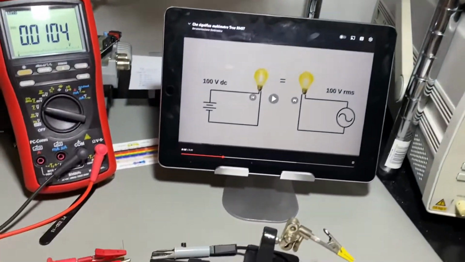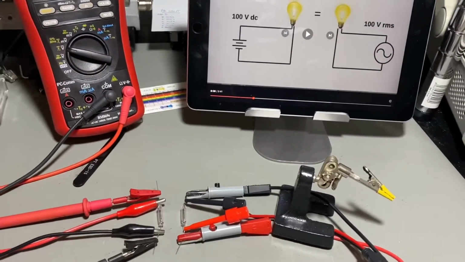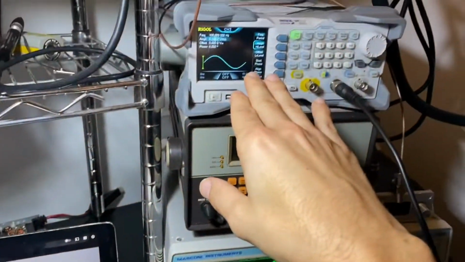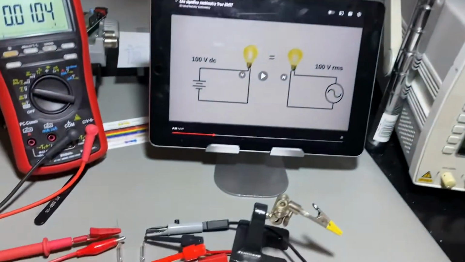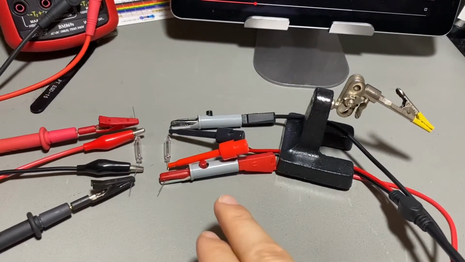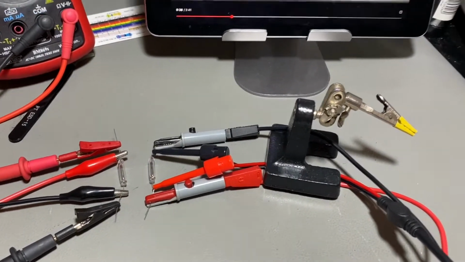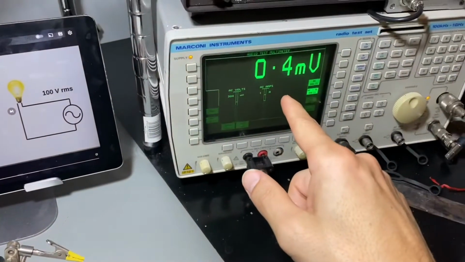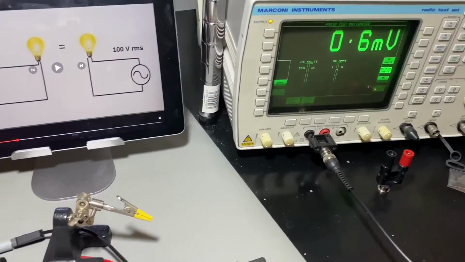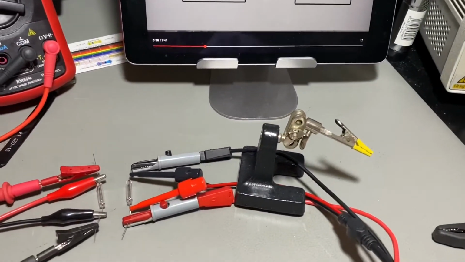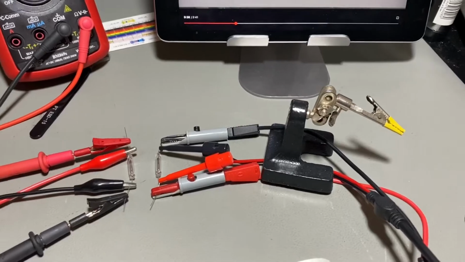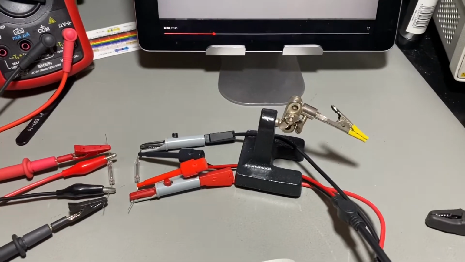It doesn't matter what voltage I tell the generator to produce. I'm checking the voltage that results at the bulb with the help of the Marconi multimeter, which will be an RMS value.